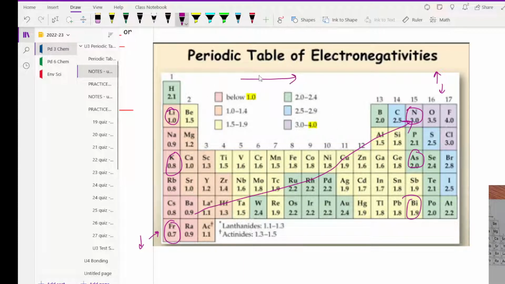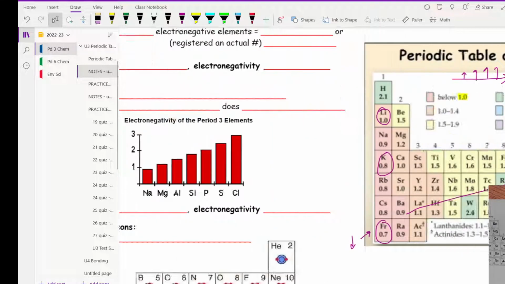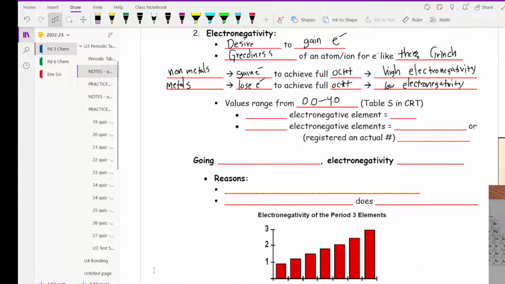So from left to right, electronegativity goes up, and then going down, electronegativity goes down more and more. Okay, hope that helps. I think it's a handy way to look at it. I'll give you some other data, but let's move on.